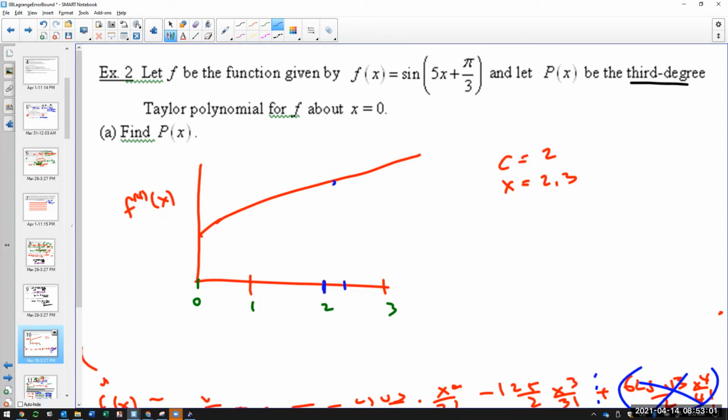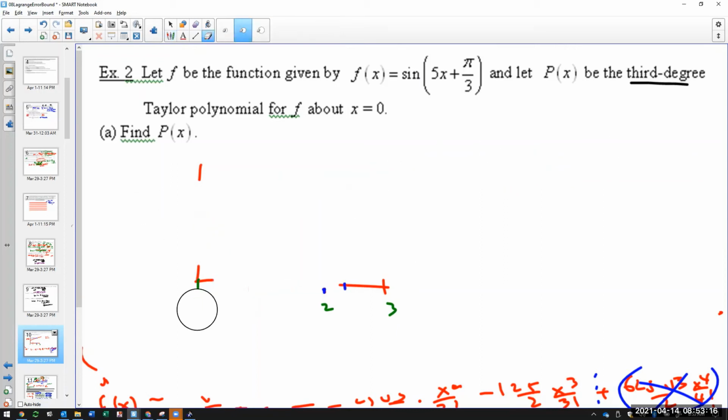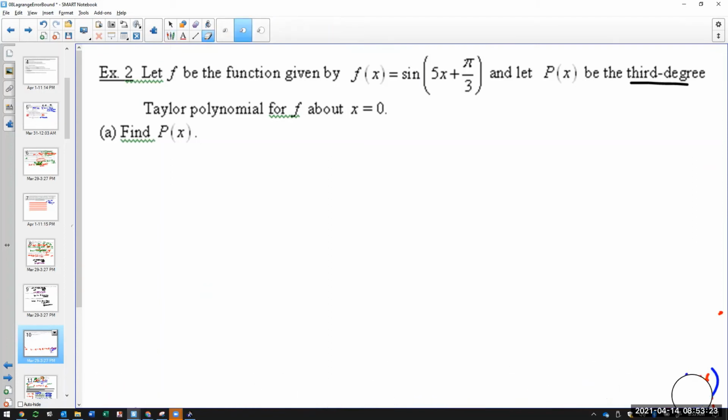So it's the biggest number of your derivative between 2 and 2.3. Does that make sense? Sometimes you have to pull a maximum value off of a graph. So just FYI, those are the 3 ways that we've seen AP ask for this Lagrange maximum derivative. And that's really all the ways we've seen them do it.